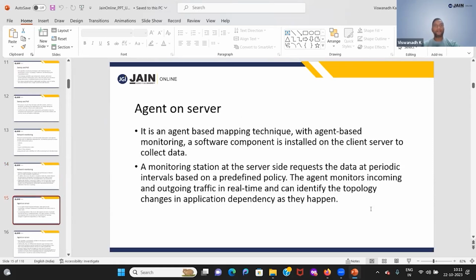The second type is the agent-based mapping technique. With agent-based monitoring, a software component is installed on the client server to collect the information. The monitoring station at the server side requests the data at periodic intervals, at frequencies that we give as a condition or a predefined policy. The agent monitors incoming and outgoing traffic in real time and can identify topology changes in application dependency as and when they happen.